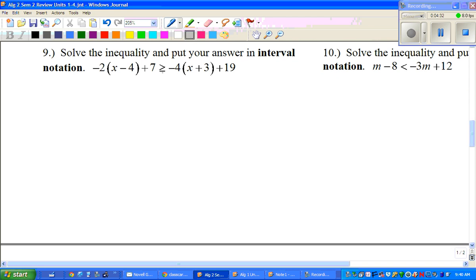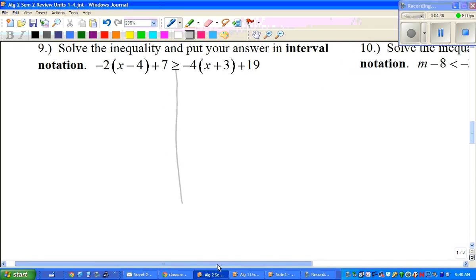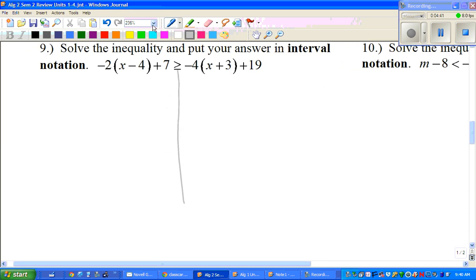Okay, number 9, we can do the same thing. I'm going to draw the line. We have to solve the inequality and put it into interval notation. So first thing we have to do is distribute, and we get negative 2x plus, oh, not plus 4, plus 8 plus 7 is less than or equal to, and we have to distribute over here too.